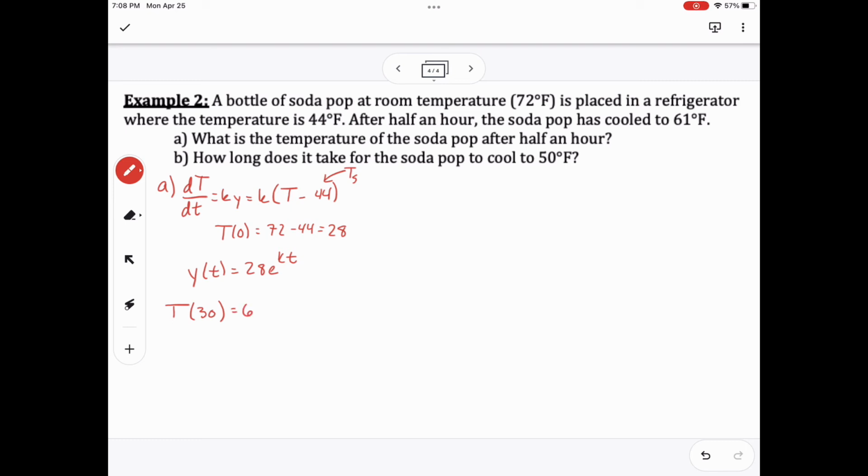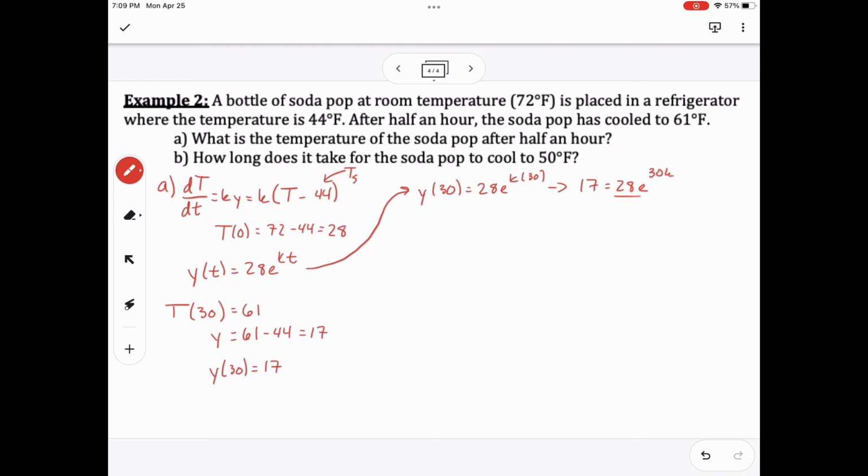Then they give me a piece of information: after half an hour, so 30 minutes, it's 61. In this model, I need to know what that new difference is, and that would be 17, instead of 28. I take 61 minus 44 to get that. So y of 30 equals 17. That's why I didn't write it as y of 30 equals 61.